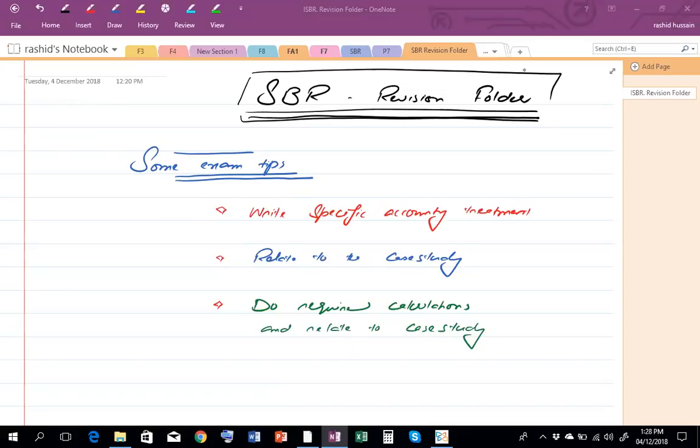For example, if they are saying regarding the revenue grant that the company has received the grant in compensation of the wages and salaries, then you can first of all start by writing that a government grant can only be recorded if it will be received and the entity will comply with the conditions attached to the grant. This is the condition which is related to the government grant.